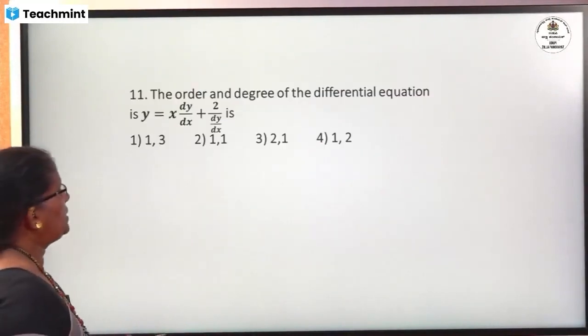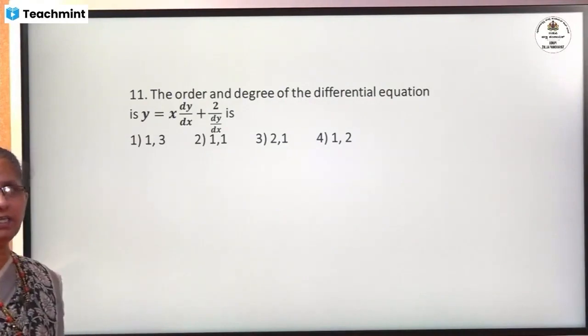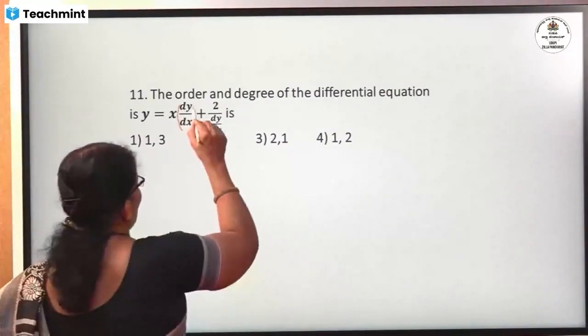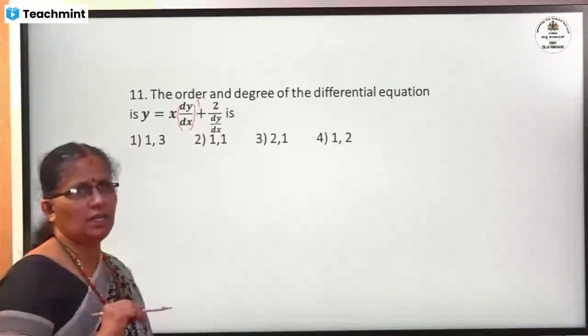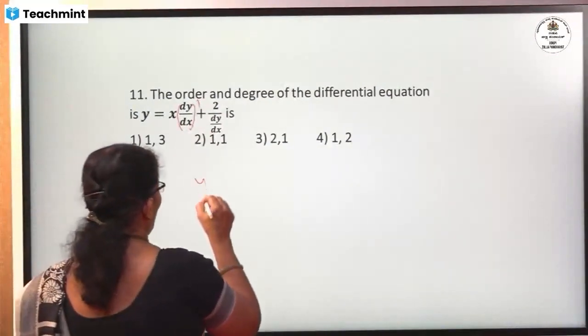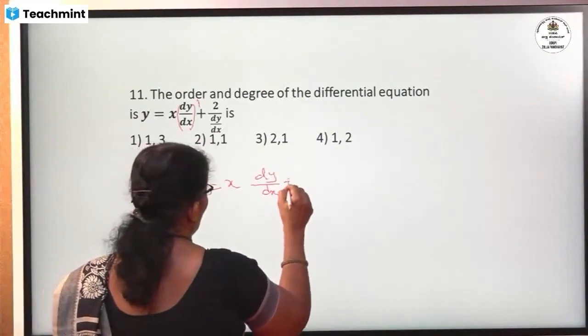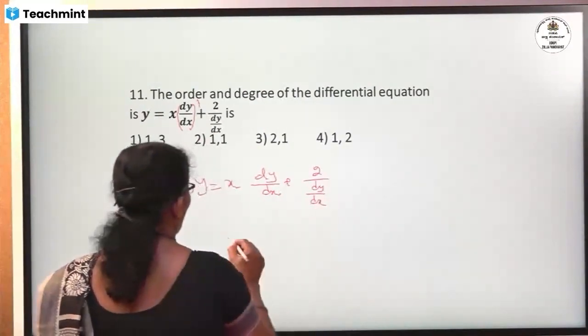The order and degree of the differential equation is, so when you see this equation, there is a possibility that you may see that dy by dx is raised to the power 1, therefore the degree is 1. It is not so. It is y is x dy by dx plus 2 by dy by dx. What you have to do?